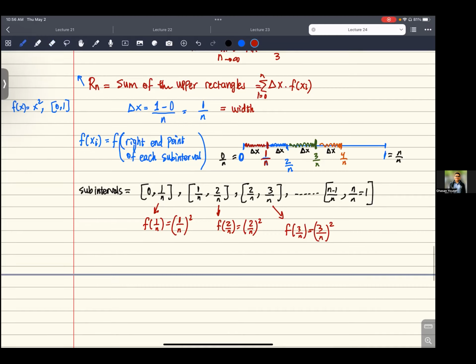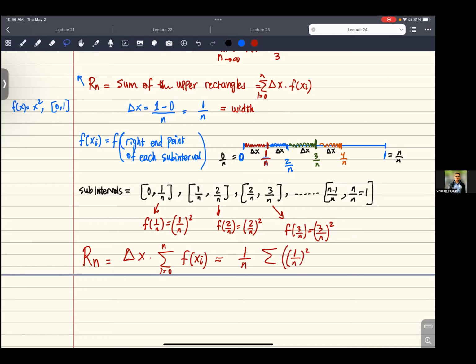So now I'm going back again to R sub n. What is R sub n? It is the same as delta x times the sum of f of x i from i equals 1 up to n. And this is the same as, what is delta x? It is 1 over n times the sum of 1 over n squared.